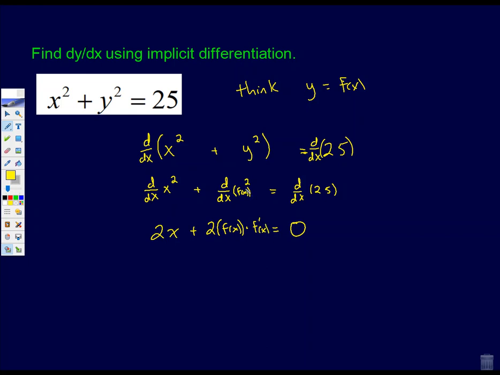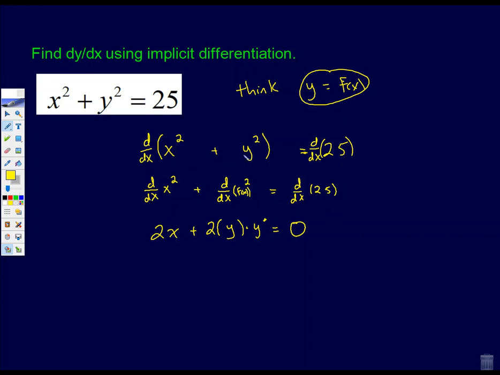Remember, the derivative of the inner function always ends the problem there. But it's way more cumbersome to write f of x than it is to write y. Okay, so if you just keep in the back of your mind that y is the name of the function, then I could much more easily have written this 2y times the derivative of y.